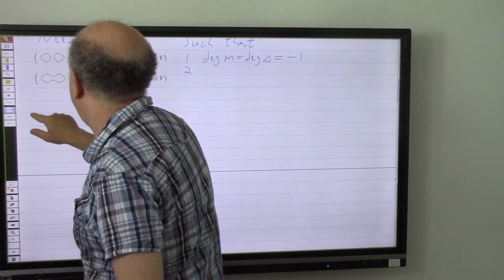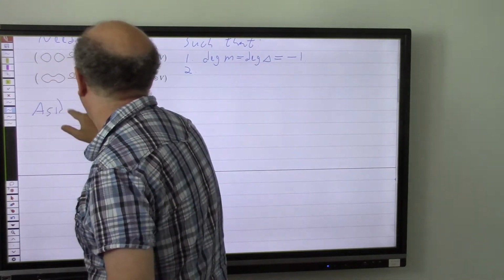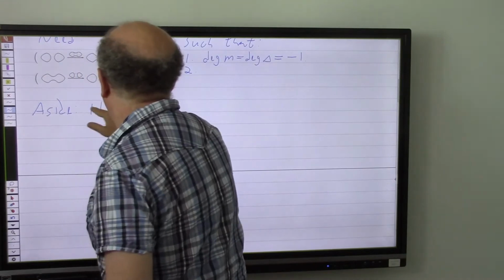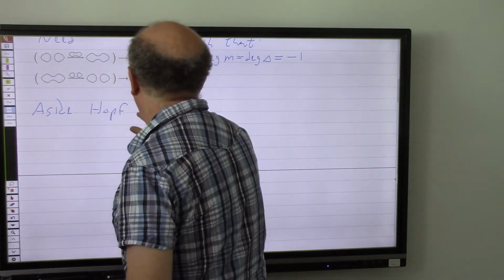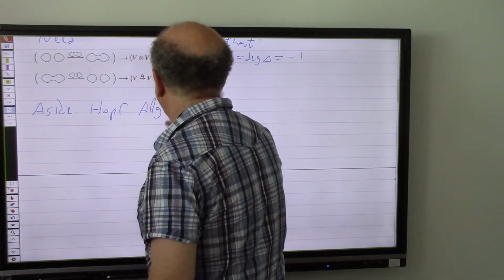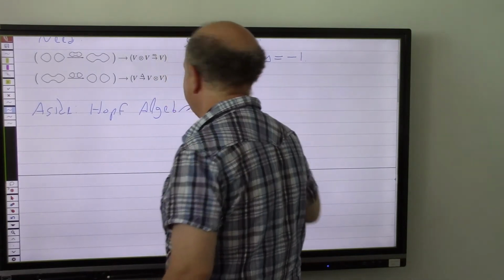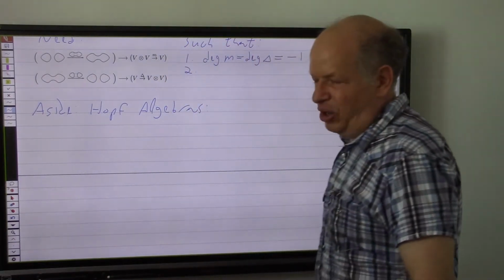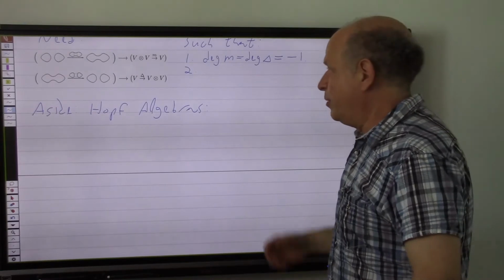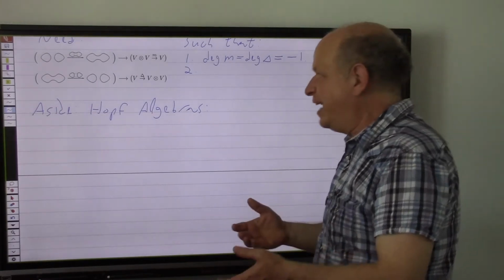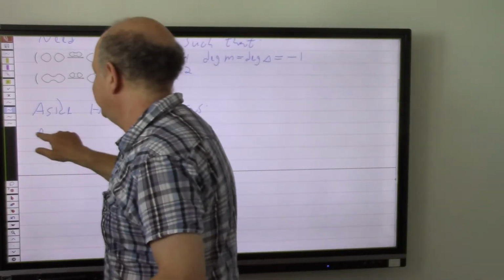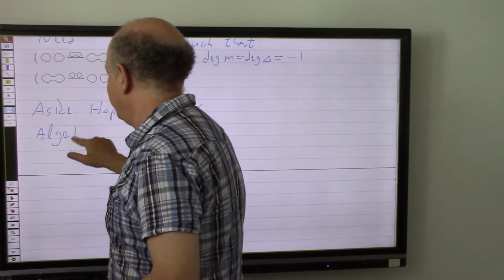Aside, Hopf algebras. So what's a Hopf algebra? Maybe I should start with what's an algebra. So an aside to the aside is what is an algebra.